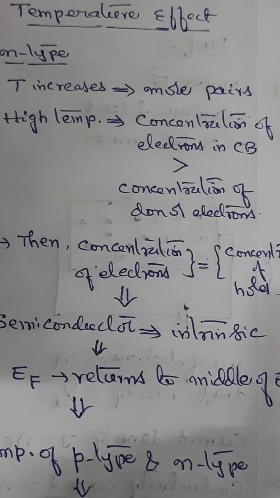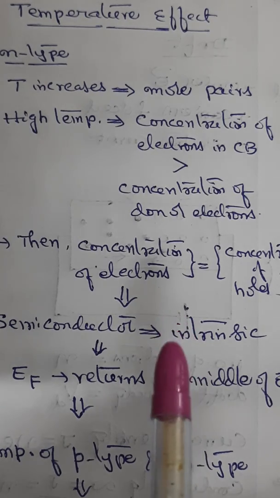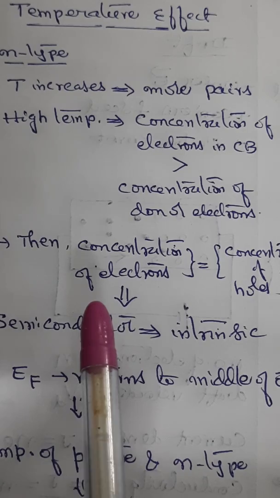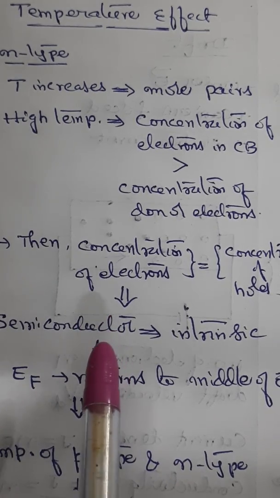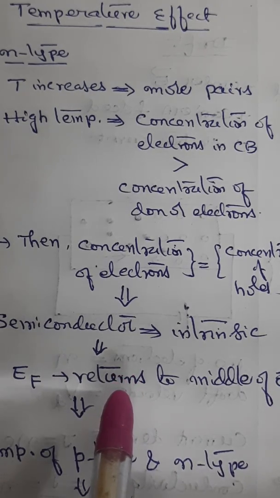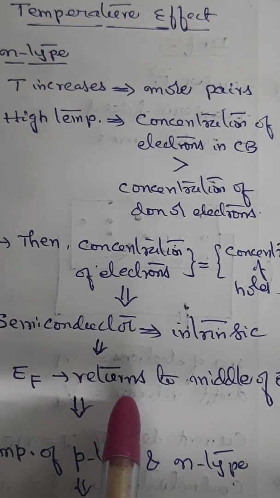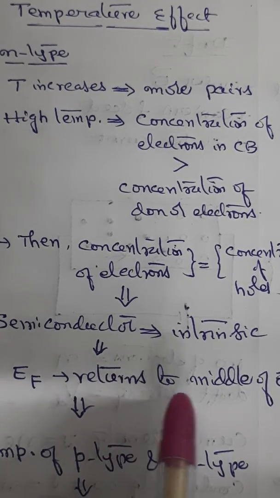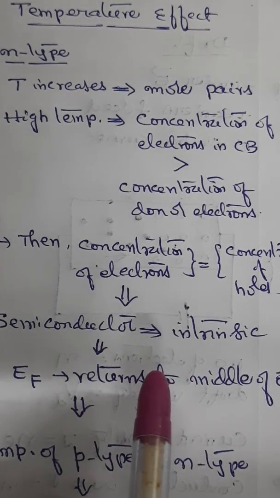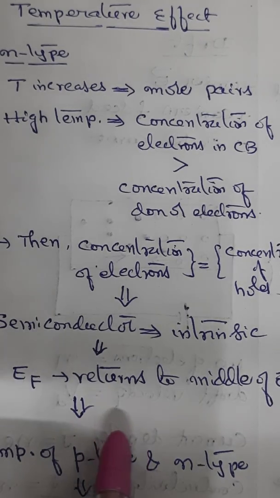So if you take an n-type semiconductor, as the temperature is increased, more number of electron-hole pairs are formed. At a very high temperature, the concentration of thermally generated electrons in the conduction band will be far greater than the concentration of donor electrons. So in such a case, as concentration of electrons and holes become equal, the semiconductor becomes essentially an intrinsic semiconductor, and therefore the Fermi energy level returns to the middle of the forbidden energy gap.